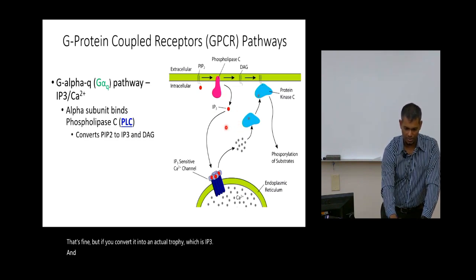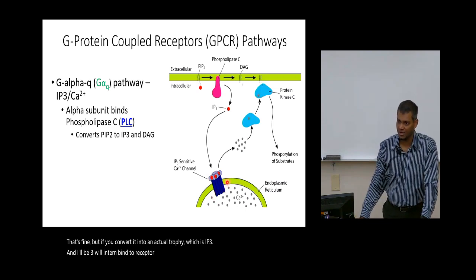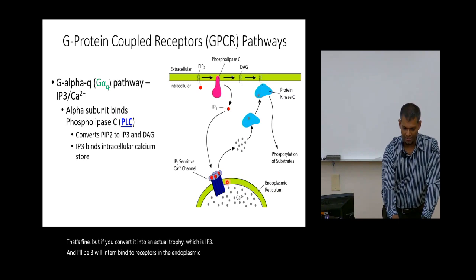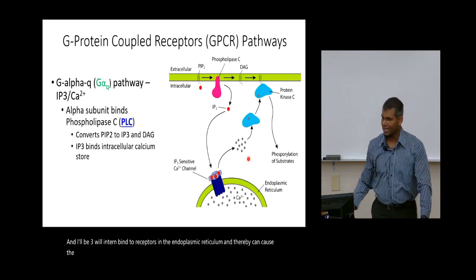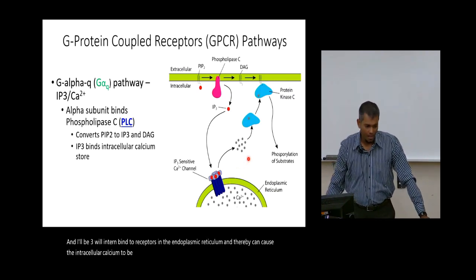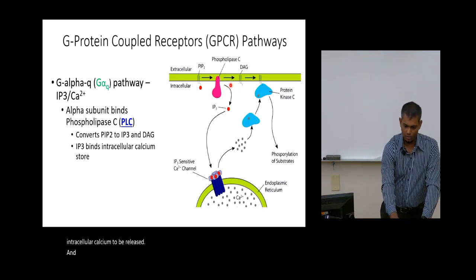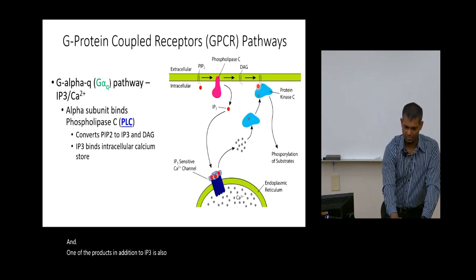And IP3 will in turn bind to receptors in the endoplasmic reticulum, and thereby can cause the intracellular calcium to be released. And one of the products in addition to IP3 is also diacylglycerol, DAG, which can in turn bind to protein kinase C.